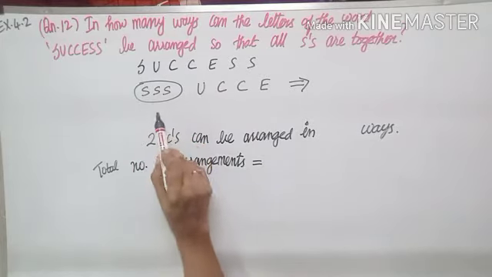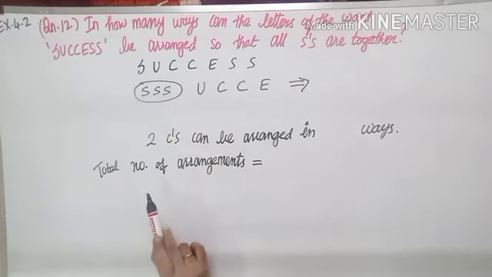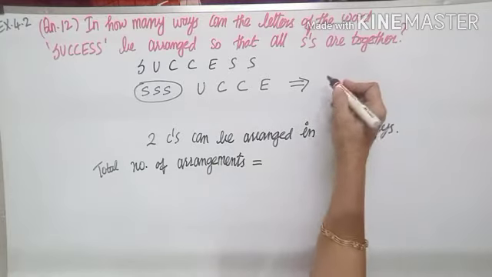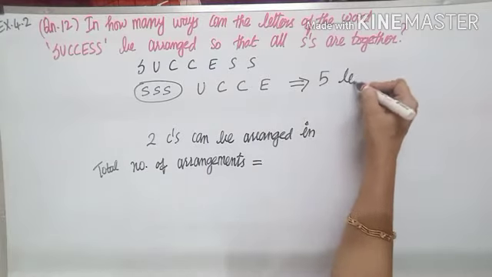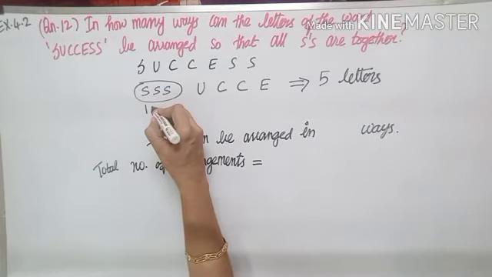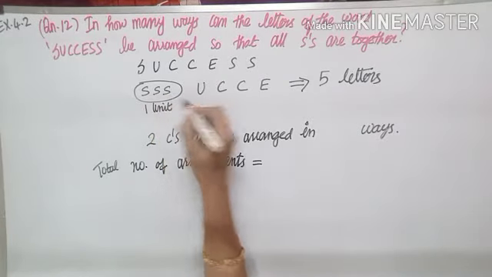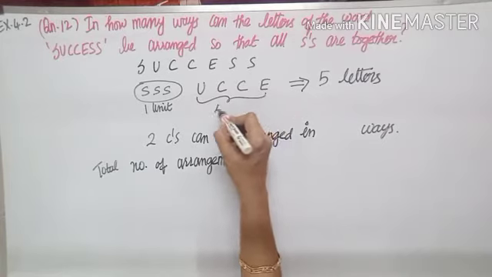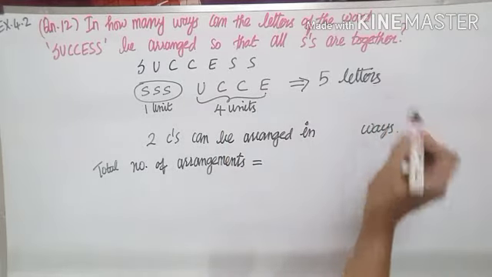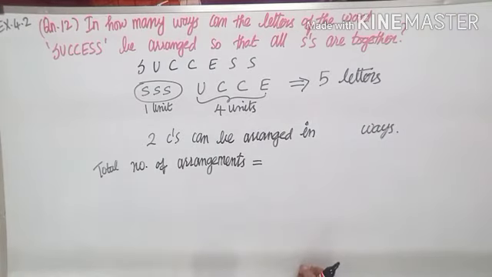However I arrange, it will be only one arrangement. So 1, 2, 3, 4, 5, totally 5 letters we will consider. Because the S's are together, consider this as 1 unit, and the rest as 4 units. Altogether 5 units, I can say.